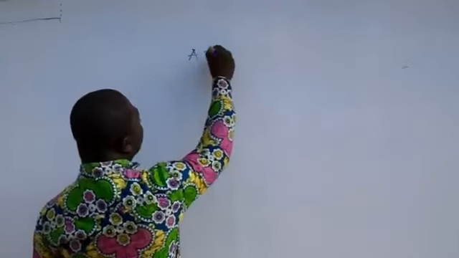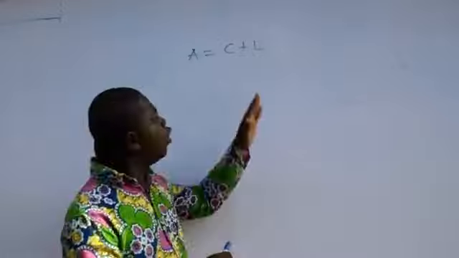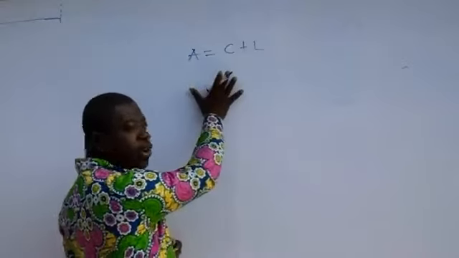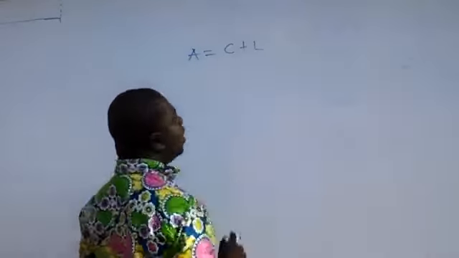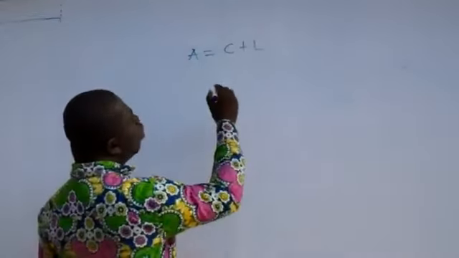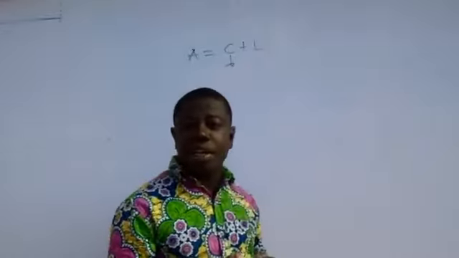Now take note, we know that the accounting equation is that our assets should be equal to our capital plus liability. This is the basic thing that we know. Then this equation, assets equal to capital plus liability, can be expanded. We assume that this C, which is the capital, is the owner's equity.